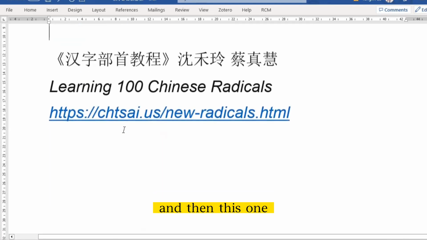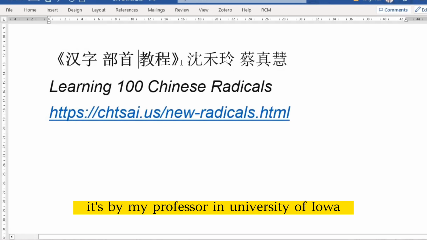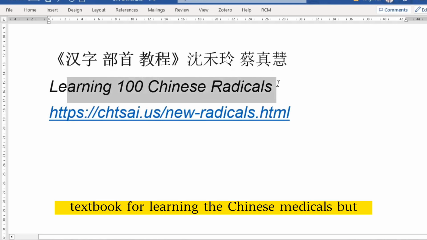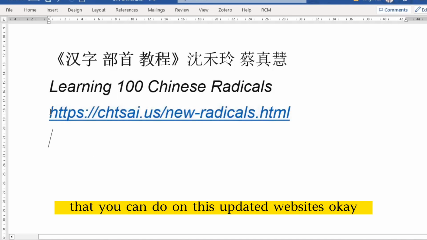And this one is actually a book that I used to build this course. It's by my professor at the University of Iowa, and it's also a very good textbook for learning the Chinese radicals. But what I'm recommending today is the free online exercises that you can do on this updated website.